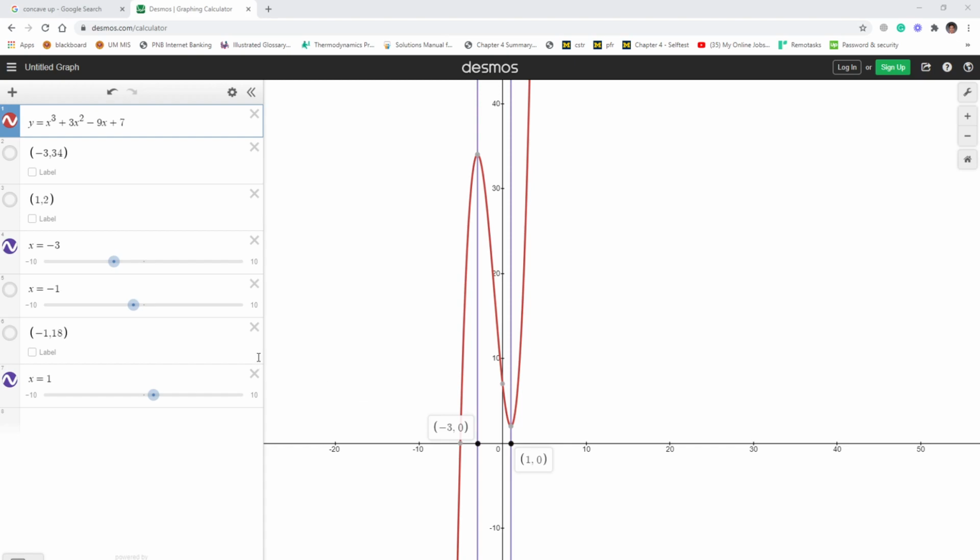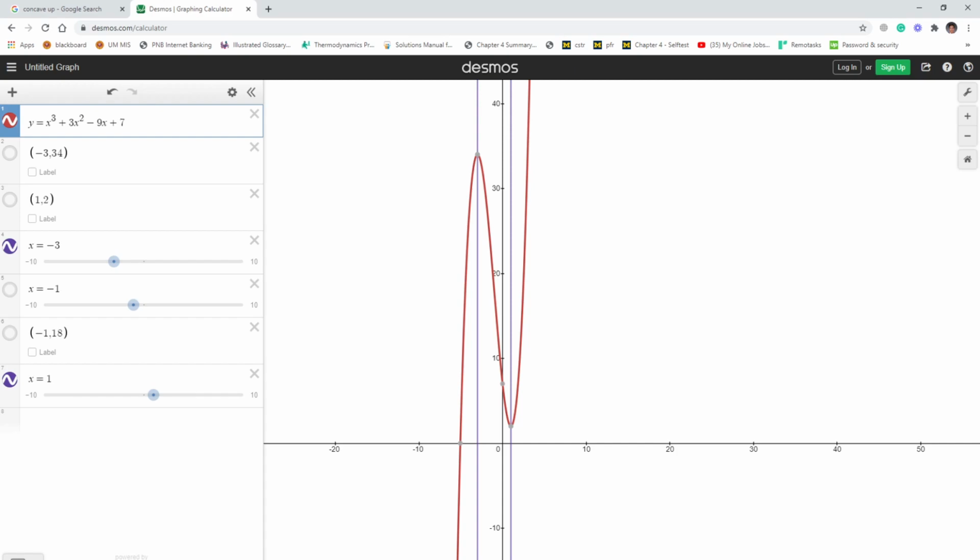Therefore, from these intervals, you can now imagine a little what the graph may look like. Increasing at the first interval, then decreasing at the second interval, and then increasing again at the third interval.